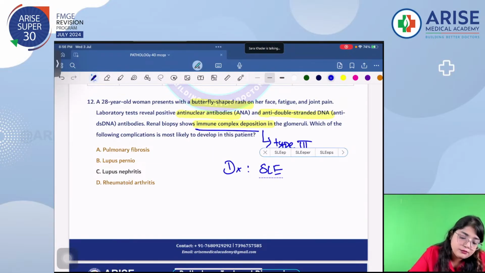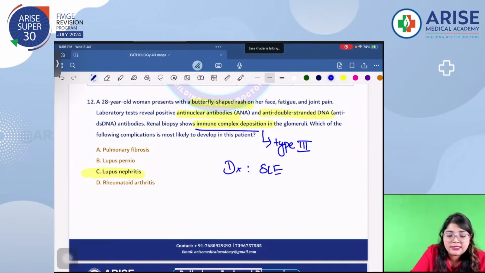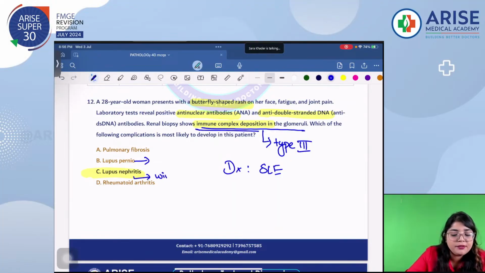And what do you see here? You see lupus nephritis, that is seen in SLE, because there is immune complex deposition in the glomeruli. What about lupus pernio, guys? Lupus nephritis, you see wire loop lesions.